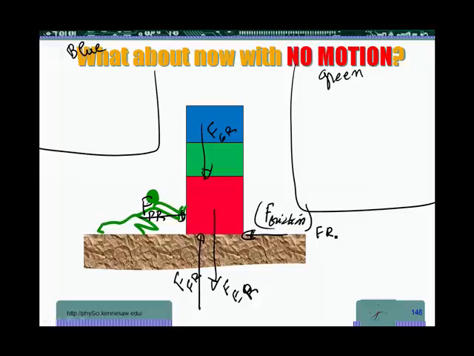Okay. Now, let's discuss the blue one. I'm not going to redraw the vertical forces. We can go back a few screens and see them. But along the horizontal, do we have any force acting on it?